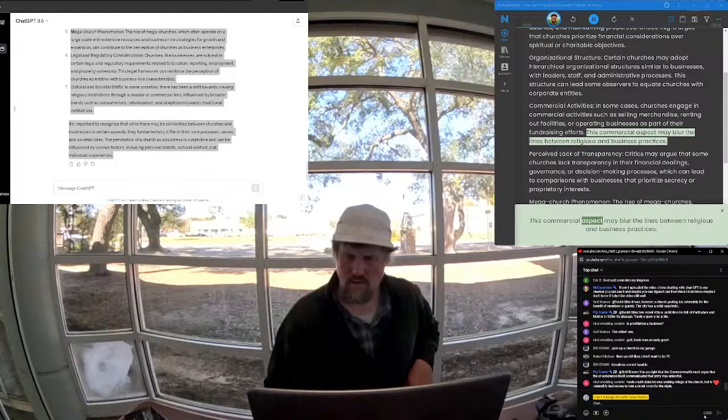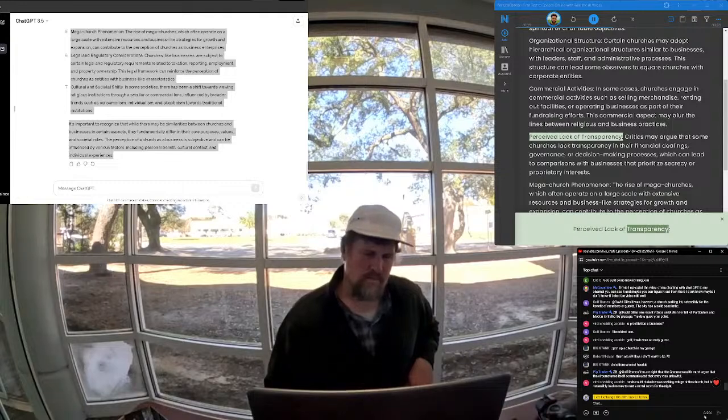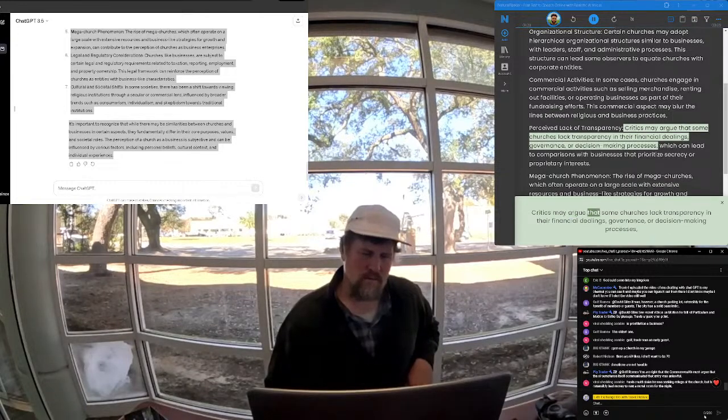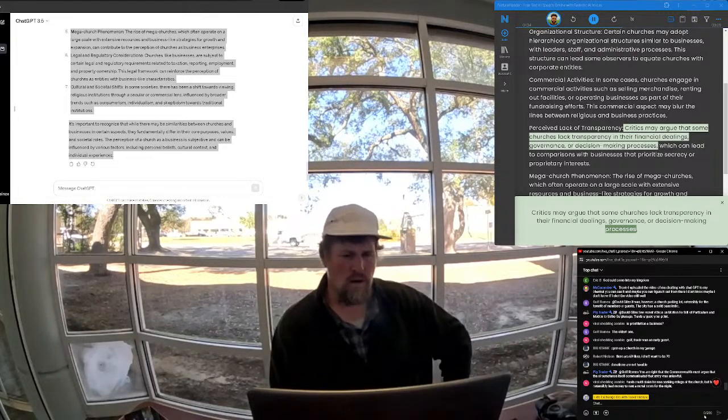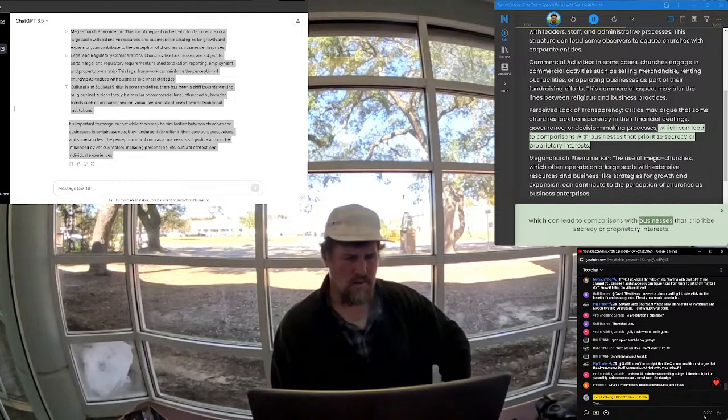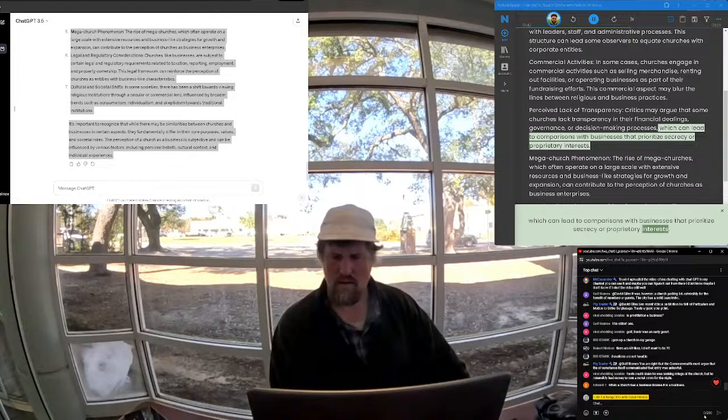This commercial aspect may blur the lines between religious and business practices. Perceived lack of transparency. Critics may argue that some churches lack transparency in their financial dealings, governance, or decision-making processes, which can lead to comparisons with businesses that prioritize secrecy or proprietary interests.